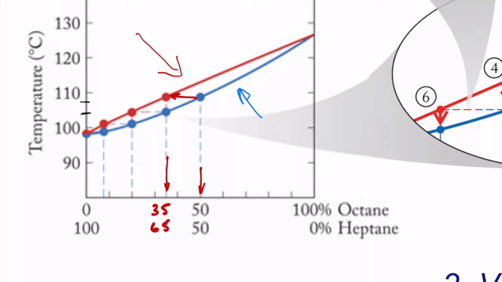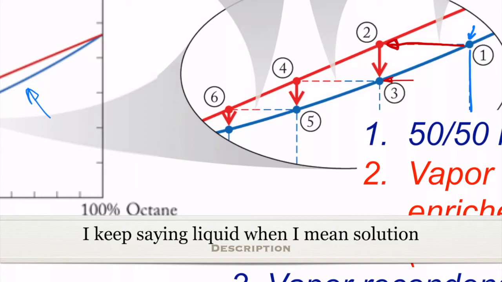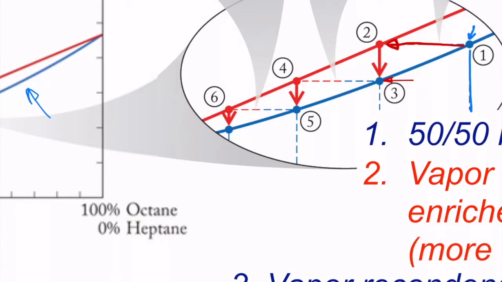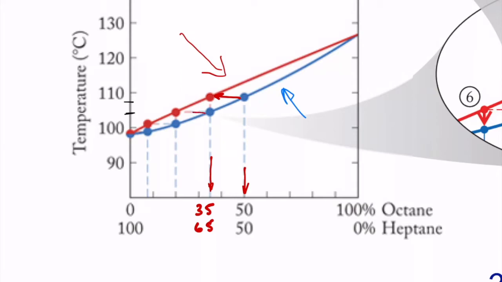Okay, so now this is the composition of the liquid that would condense on, say, that first plate that we saw on the previous slide. So now as that heats up and starts to boil, the composition is going to become even more enriched in heptane. Okay, so I'll go over here again. That's this guy here. So it became more enriched in heptane. So before we had 35-65, now it looks like we have 20% octane and 80% heptane. And if we take that one step further, again, this is the same composition in the liquid that condenses on the second plate now.